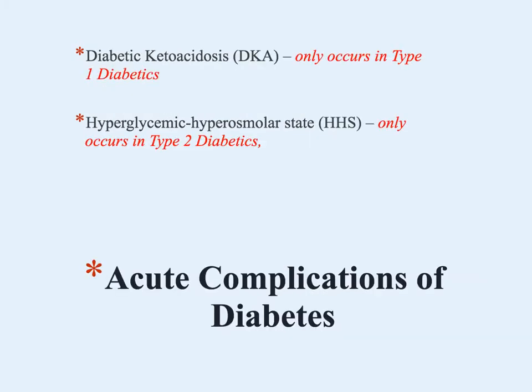These are life-threatening situations that can occur related to a patient who is diabetic. Diabetic ketoacidosis can only occur in a patient who is a type 1 diabetic, and this is the reason why. Diabetic ketoacidosis occurs in people with type 1 diabetes and is most often precipitated by an illness, especially an infection. Patients become acidotic and severely dehydrated.